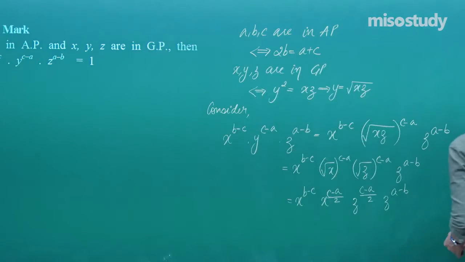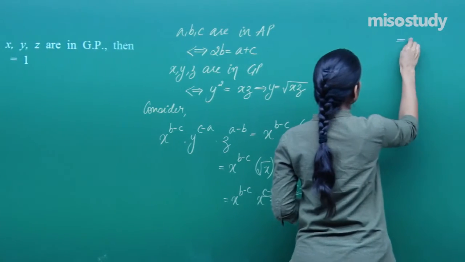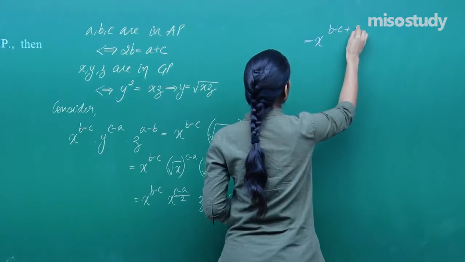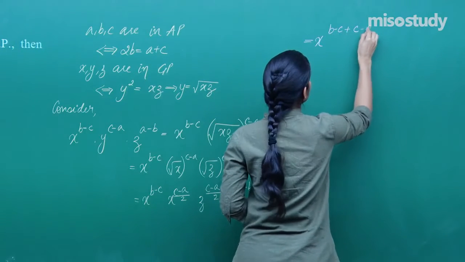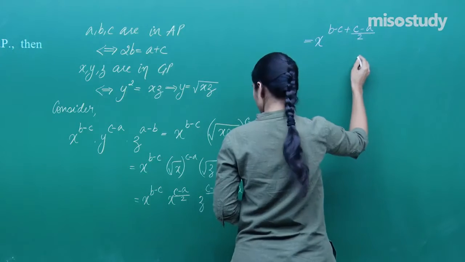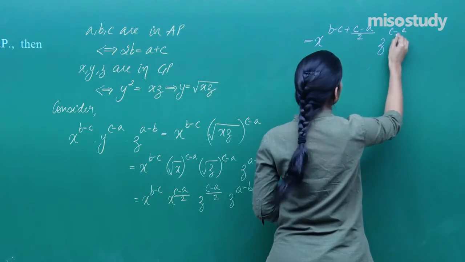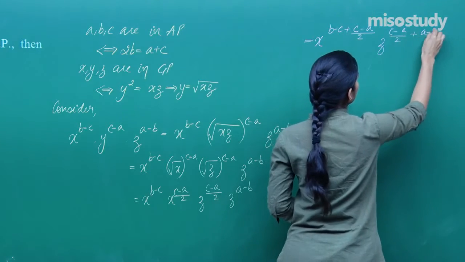Bases are same, add the powers. What do you get? X to the power b minus c plus c minus a by 2, and here you have z to the power c minus a by 2 plus a minus b.